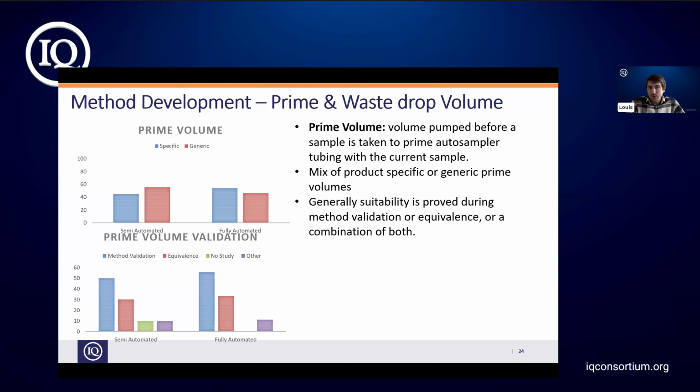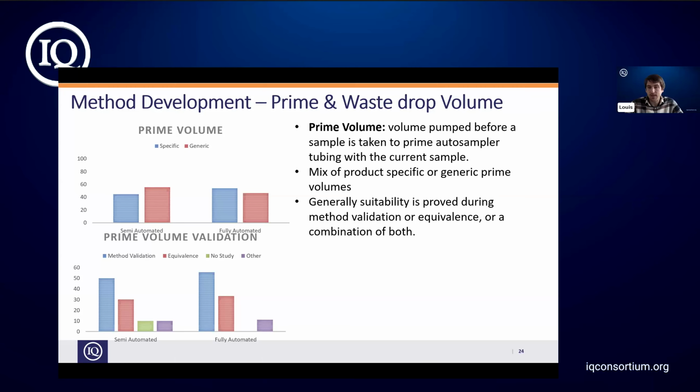And then we also asked how you then validate the suitability of that prime volume, whether it's done during method validation as an equivalent study, whether no study is done or any other. So you see the majority actually does a method validation or equivalent study.